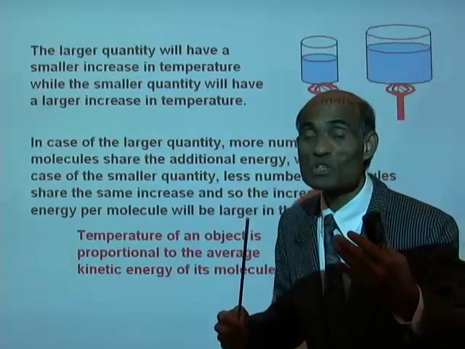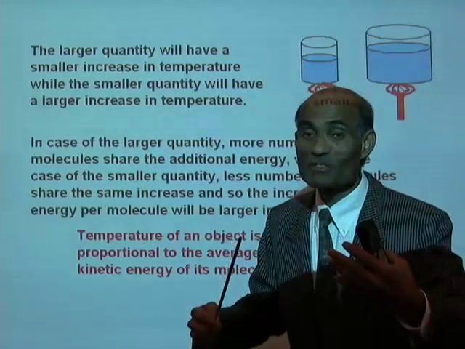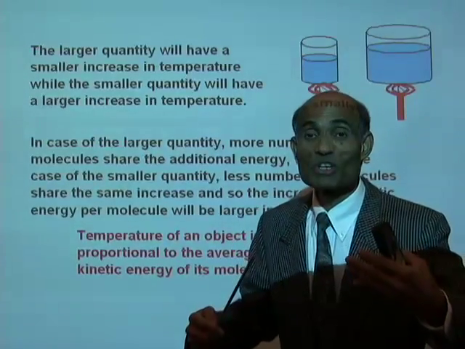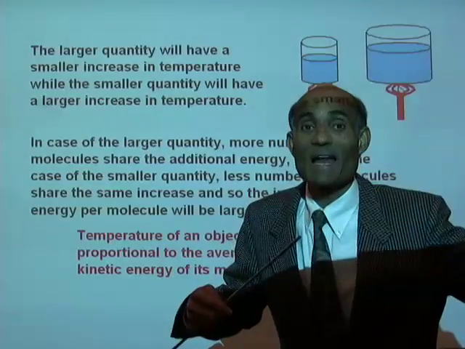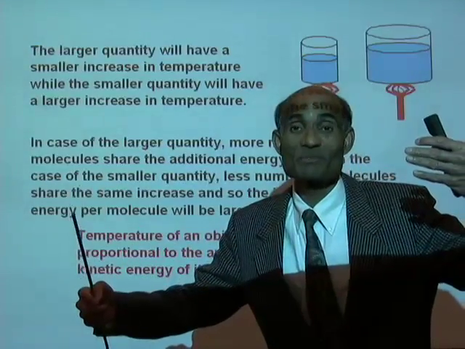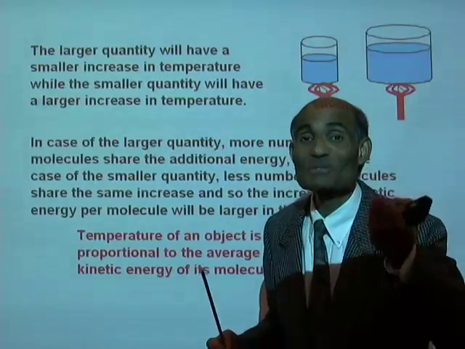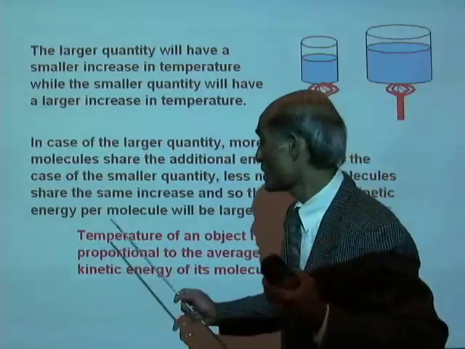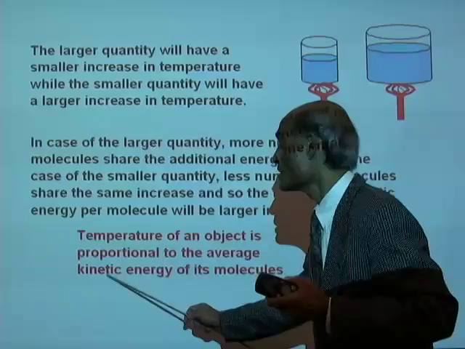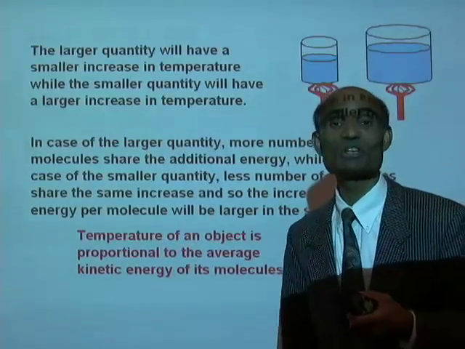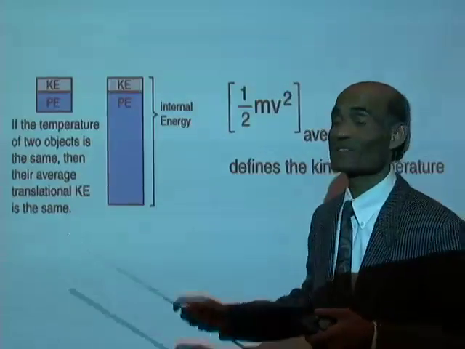So if the molecules of a substance have average kinetic energy greater than the molecules of another substance, we would say the temperature of the first substance is greater. Temperature is proportional to the average kinetic energy of the molecules of that substance.